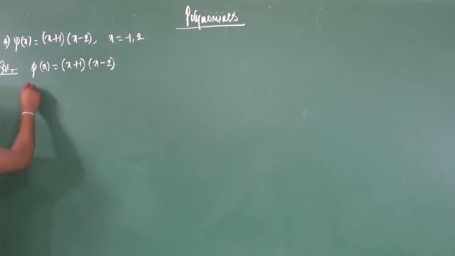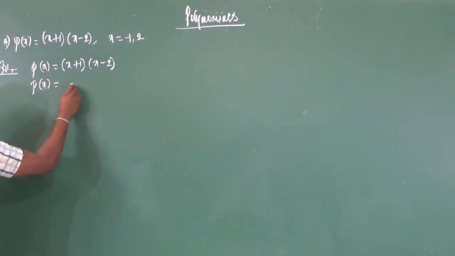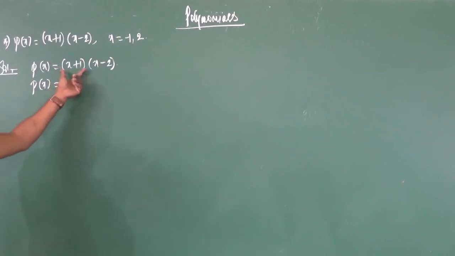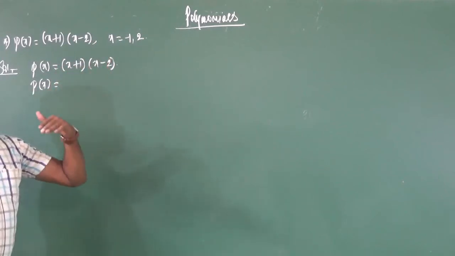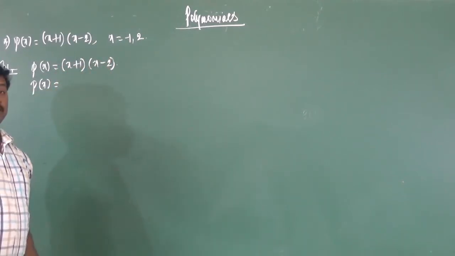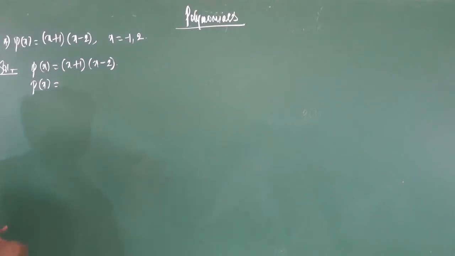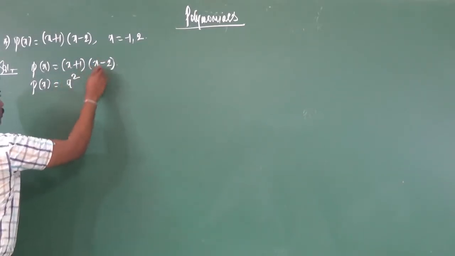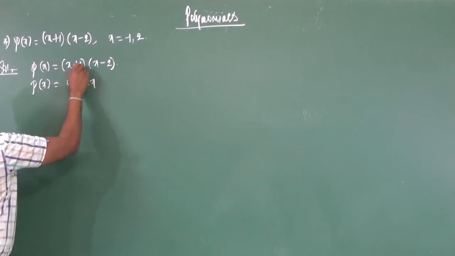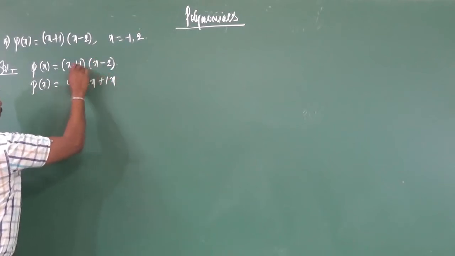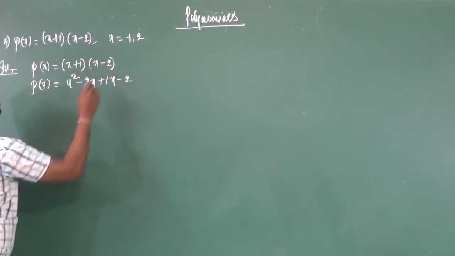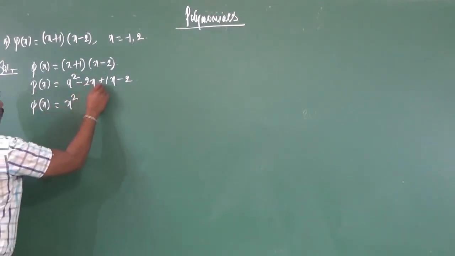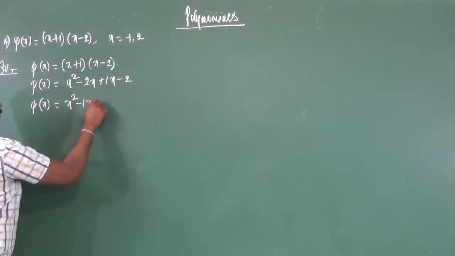To bring it to the standard form, we have to multiply this binomial by using the distributive property of multiplication, which you have learnt in your previous classes. So x into x, x square, x into minus 2, minus 2x, plus 1 into x, plus 1x, plus 1 into minus 2, minus 2. So P of x is equal to x square, minus 2x plus 1x is minus 1x, minus 2.